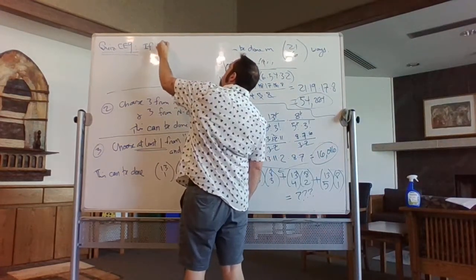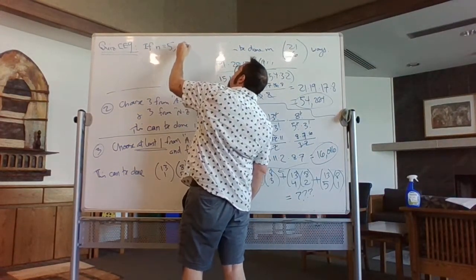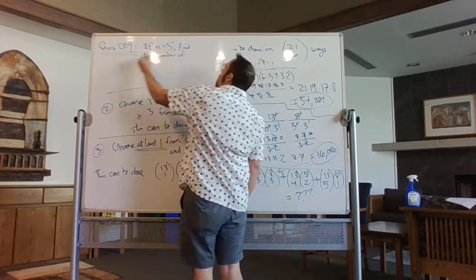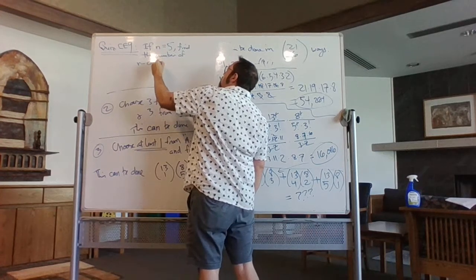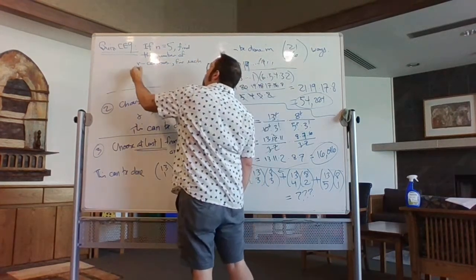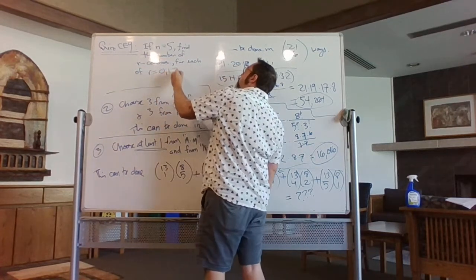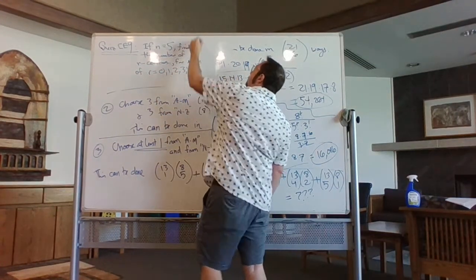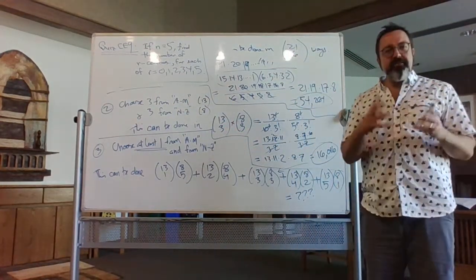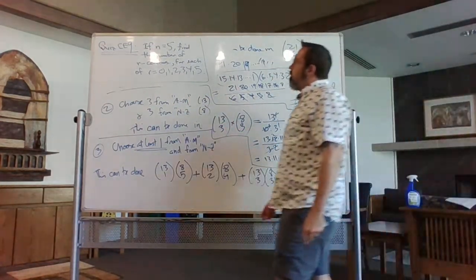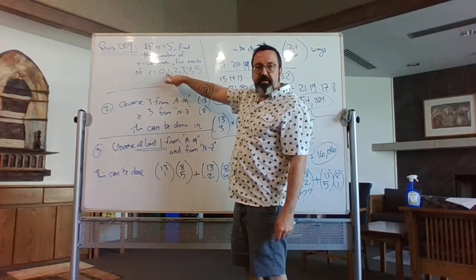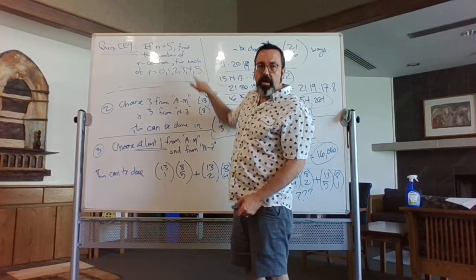If n equals 5, find the number of R combinations for each of R equals 0, 1, 2, 3, 4, 5. So given a set of 5 elements, tell me how many ways there are of creating a subset of size 0, a subset of size 1, subset of size 2, and so forth.